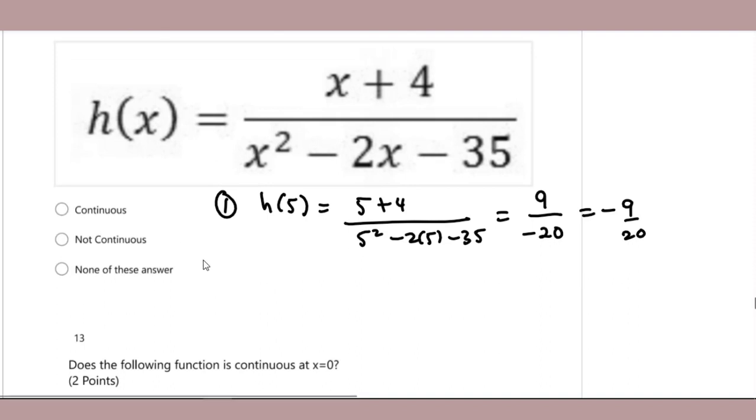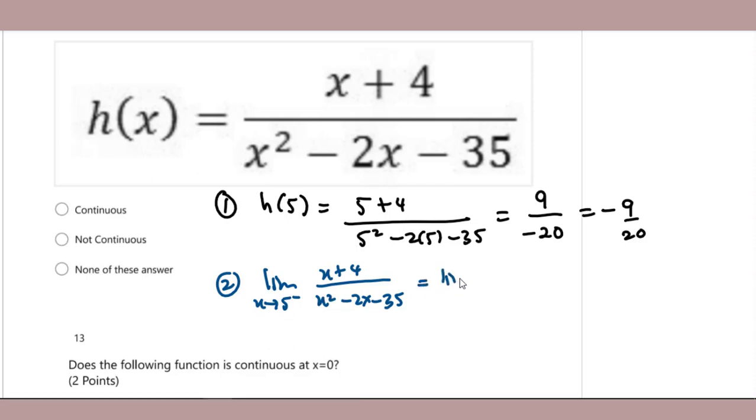Second, find the limit. Write the function first. As x approaches 5 from the left, let's factorize: x plus 4 over x minus 7 times x plus 5.